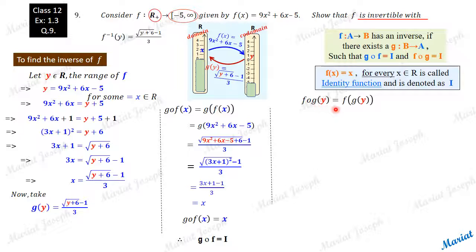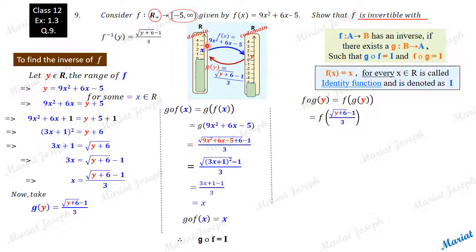FOG of y is f of g of y. Composition again. Now place what is gy. This is the rule gy. Put this gy here. So f of the gy. Now this element we have to use for the f function.